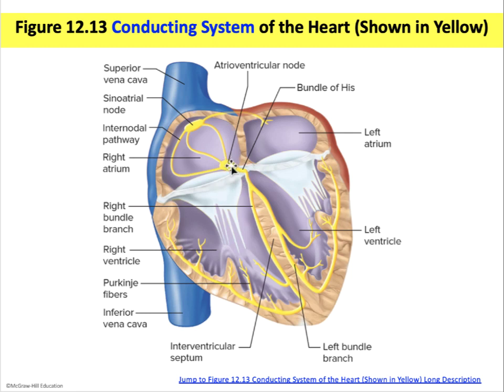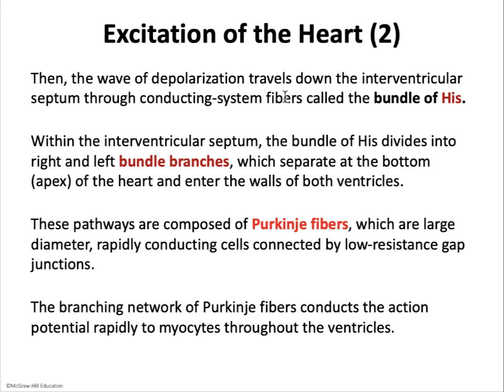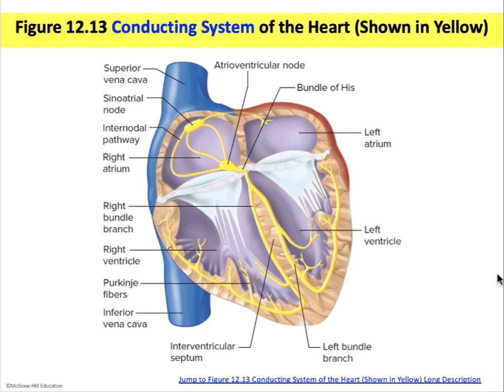Once the activity reaches the AV node, there is a small delay in that communication built in, of 1/10 of a second. After that, the information travels through the bundle of His, separating the two levels of the heart, splits into two branches, the right and left bundle branches, and then spiders out as Purkinje fibers in the walls of the two ventricles.